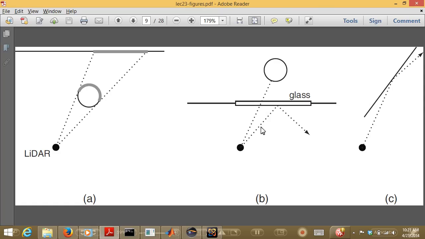So if you're really trying to scan something that's glass, you're going to have a problem. And finally, if this is the laser ray and this is the surface of the object, you're relying on the physical surface to return some laser intensity back to you.